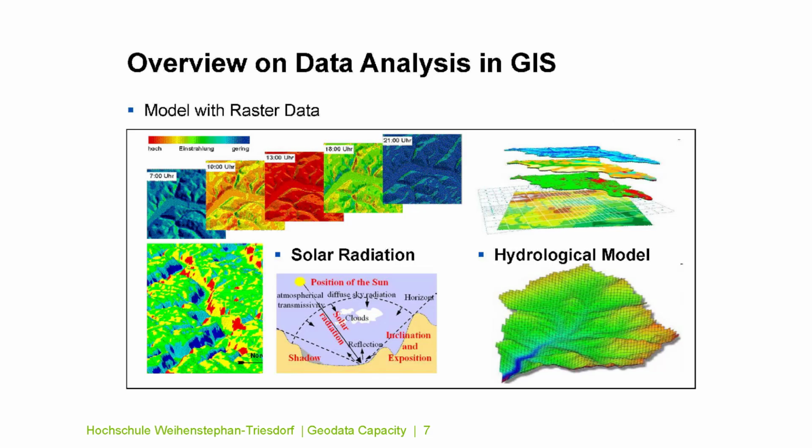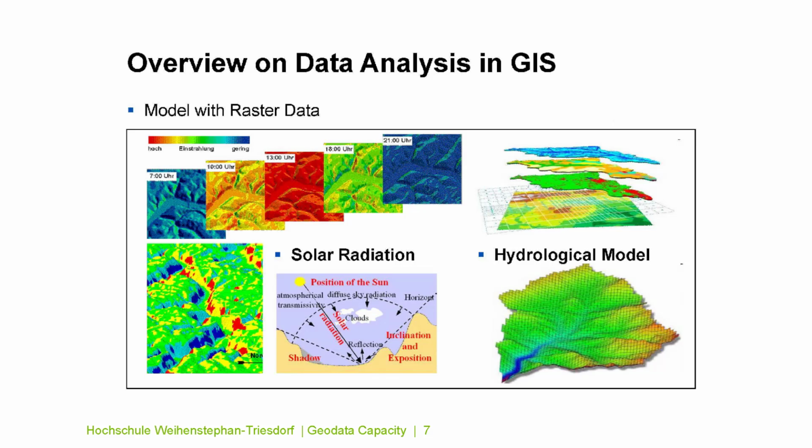Here, an example of analysis with raster data. The previous analysis always ran on vector data. With raster data, each pixel is analyzed as part of the calculation. This could be in analysis of solar radiation or in a hydrological model.